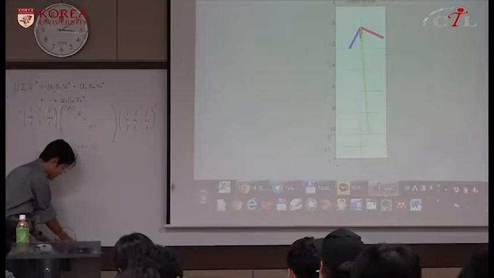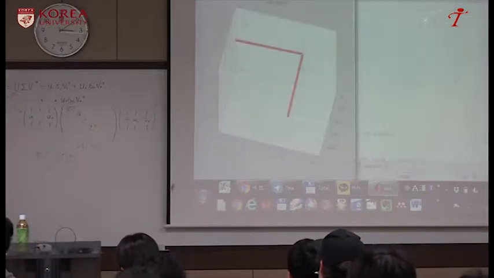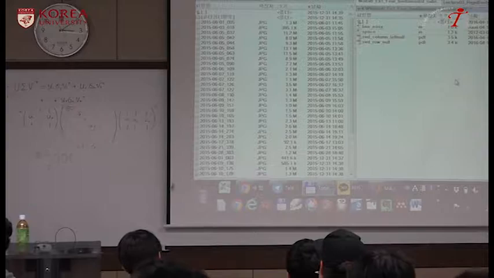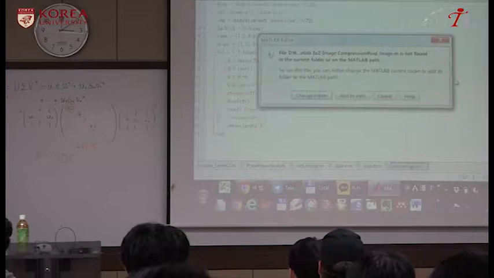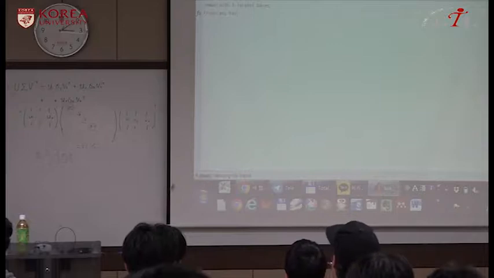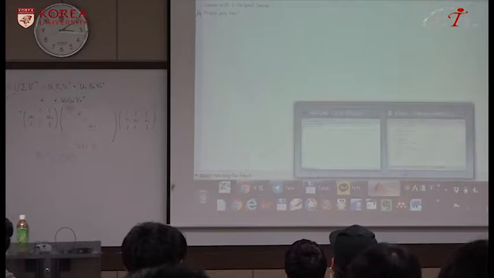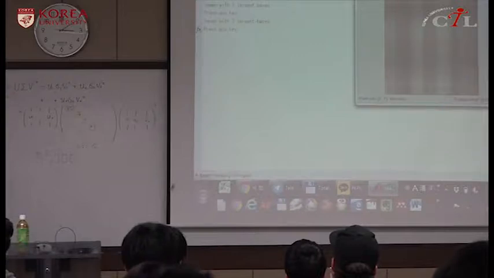For example, okay, I'm using just one largest singular value and representing the image. This is the one-largest-singular-value-based image for the given original 256 by 256.